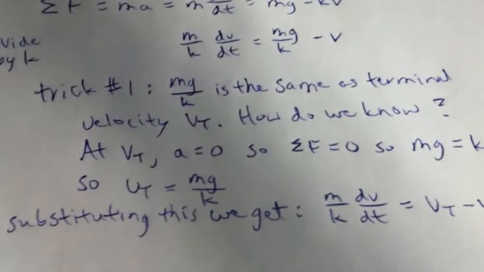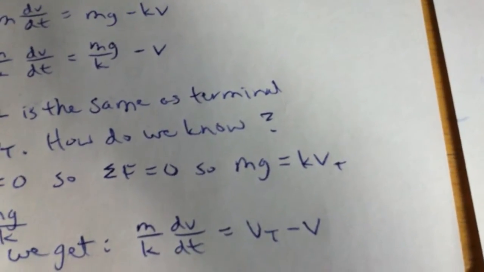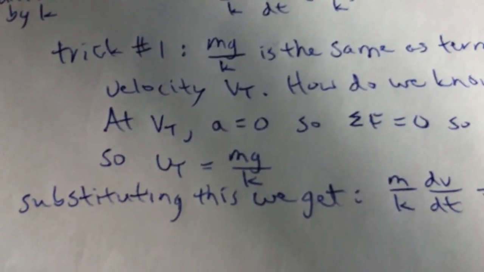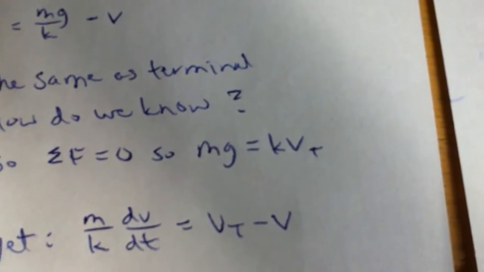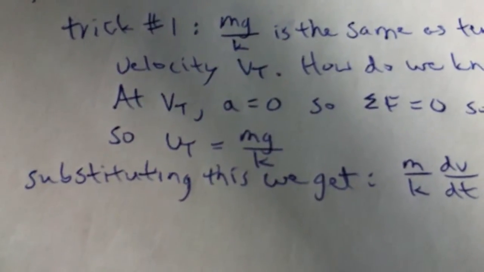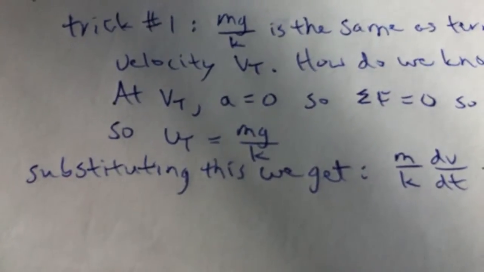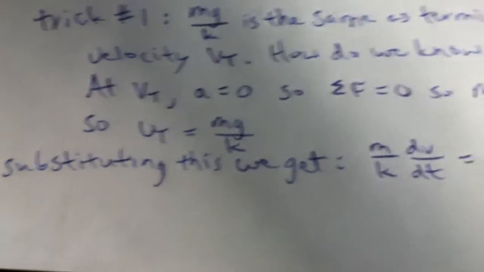Well, if mg equals kv, then we can say that the terminal velocity is mg/k. So at terminal velocity, mg equals k times the terminal velocity, and therefore the terminal velocity equals mg/k.